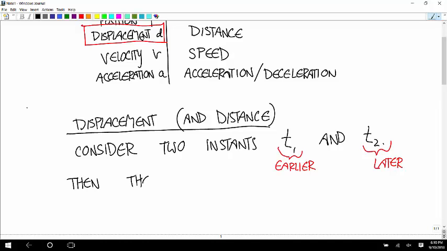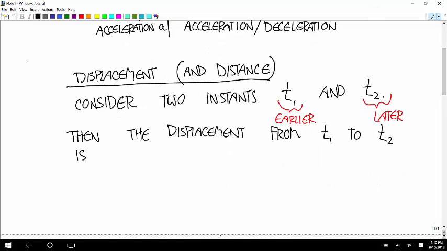Then the displacement from T1 to T2, we'll call it d, is equal to the position at time 2 minus the position at time 1.